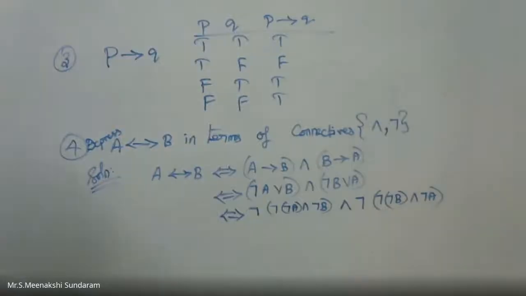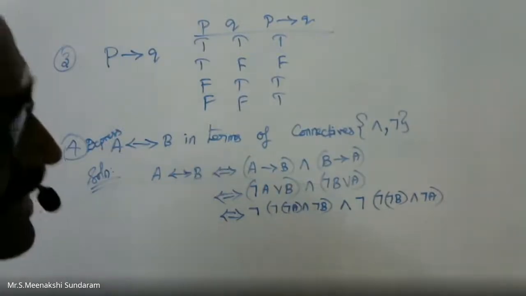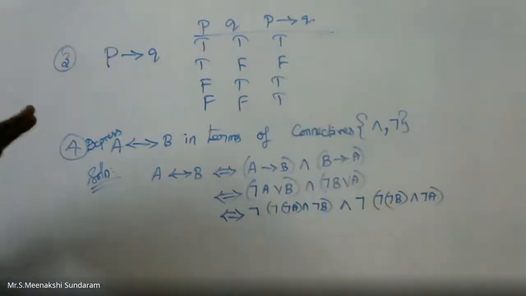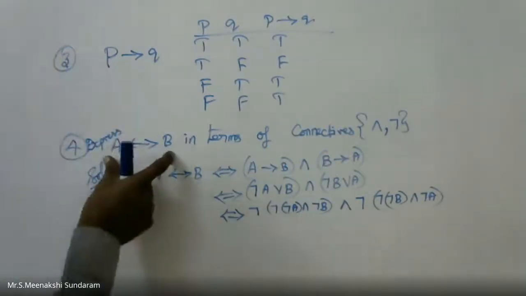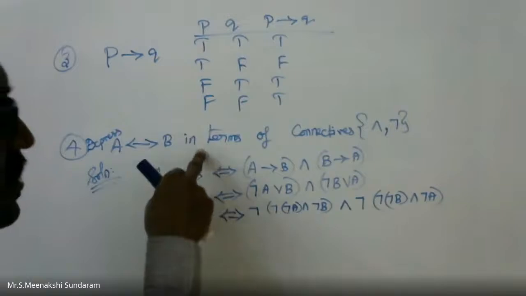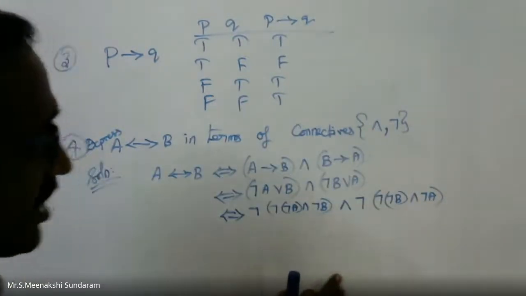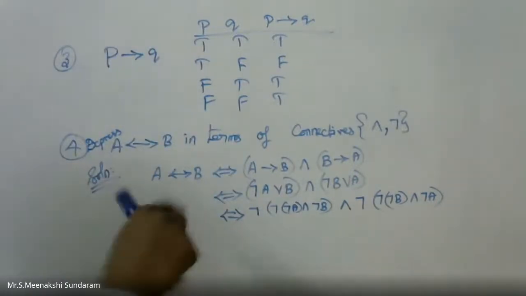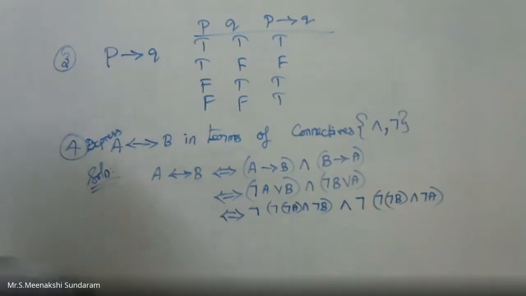Yes, sir. That is the functionally complete set of connectives. Any expression can be expressed using conjunction and negation. Here they are asking for specific terms. Sometimes they ask to show that conjunction and negation form a functionally complete set of connectives, meaning you need to do it for all the cases: conditional, biconditional, disjunction, and all the cases. Try to copy.